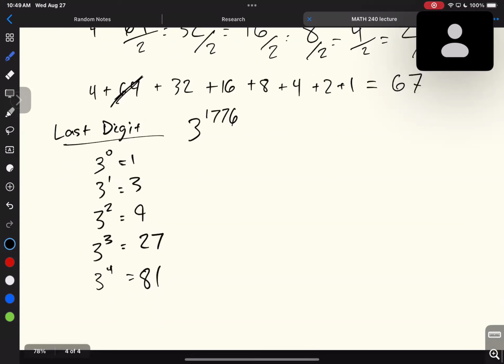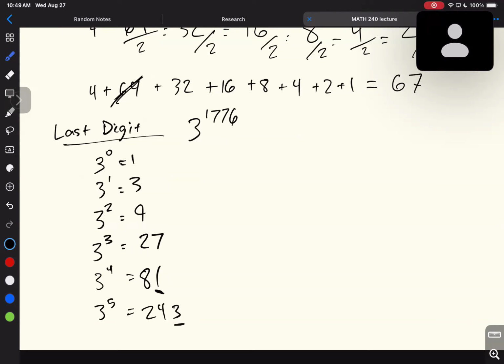I won't go into all of it, but if you continue to write out powers of 3, for 81, we've reached a 1 again. Anyone have 3 to the 5 off the top of their head? No, that's okay. I will conjecture that it ends in a 3. Yeah, that sounds right. It ends in a 3.